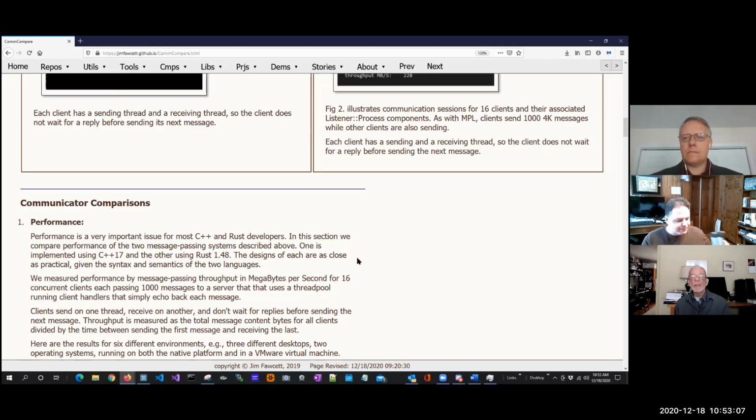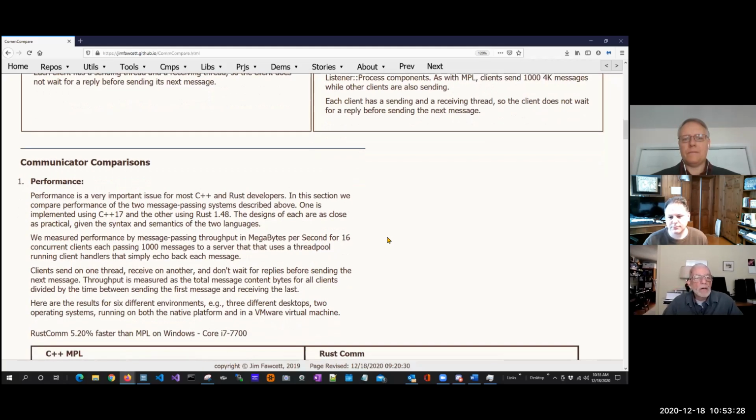Now, you have to understand, this is one implementation. So these numbers are just one point in a random sequence. We haven't done 1,000 designs and averaged over that. It's just one. But nevertheless, I think it gives a pretty good idea of how the two languages stack up.